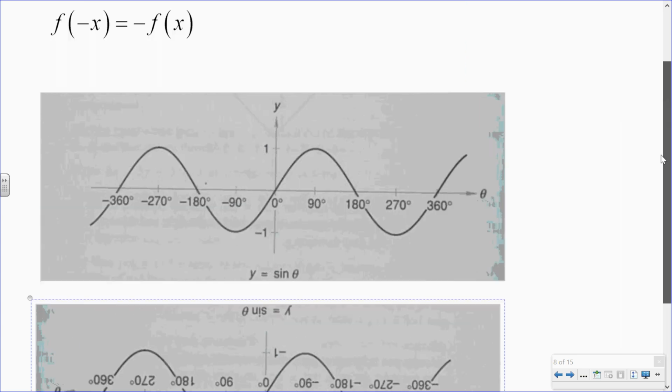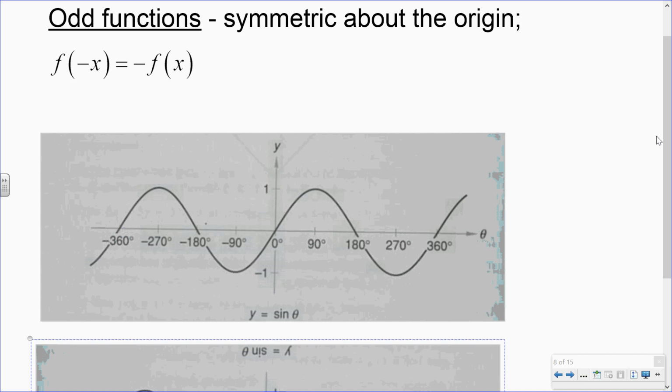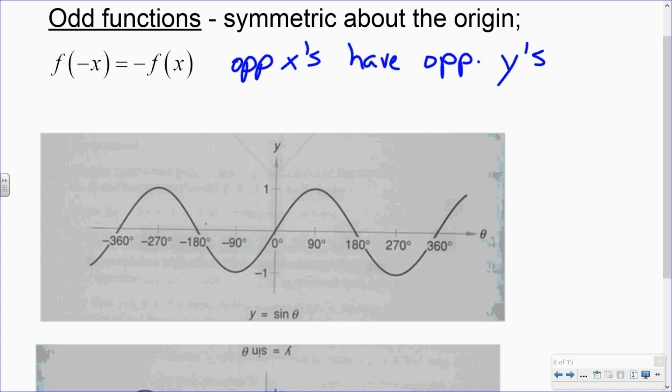When things are odd functions, if I take opposite x's, they have opposite y's. One is positive and one is negative. So if I take opposite x's, the x and the minus x, one of the y's is positive and one is negative. So if it is odd, opposite x's have opposite y's.